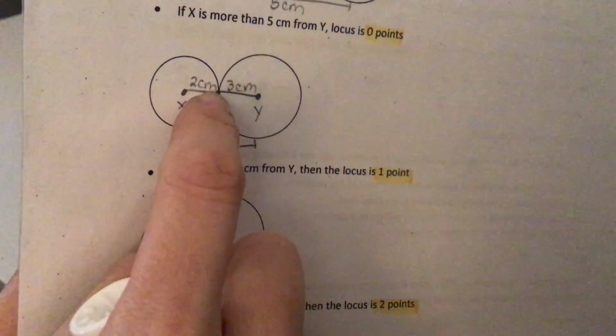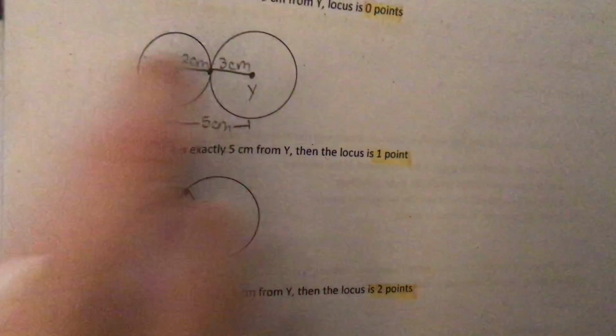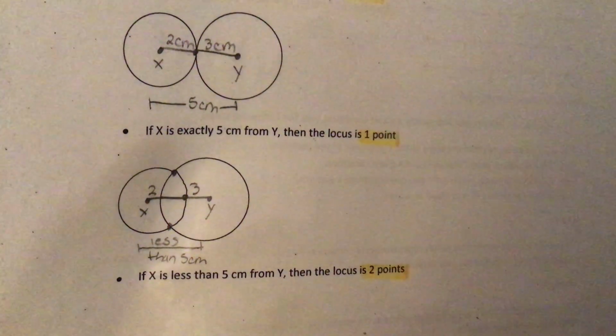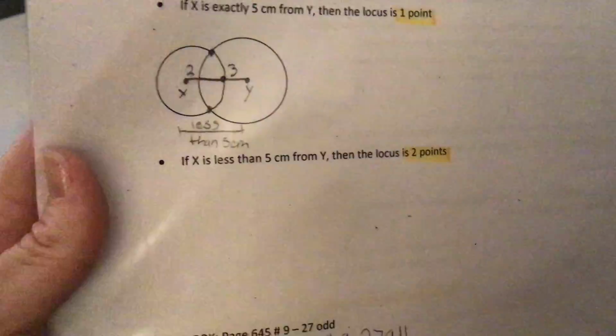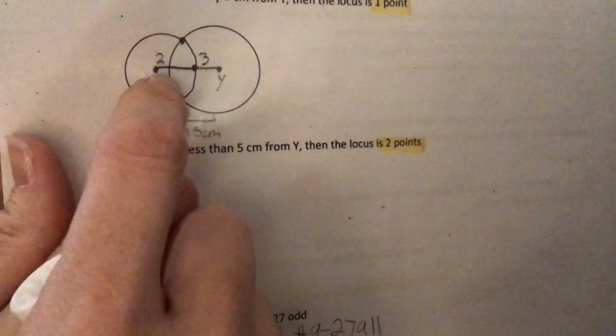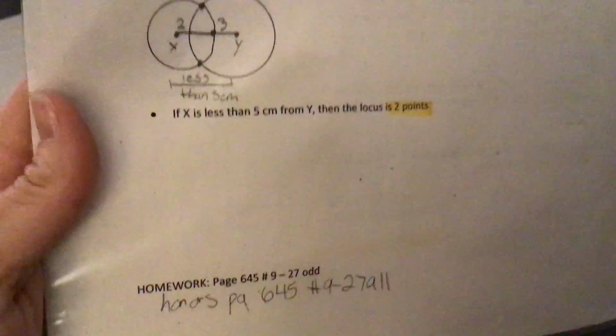So 2 centimeters and then 3 centimeters, so 5 centimeters, you get 1 point in your locus, okay? And if X and Y are less than 5 centimeters apart, you'd end up having 2 points in your locus.